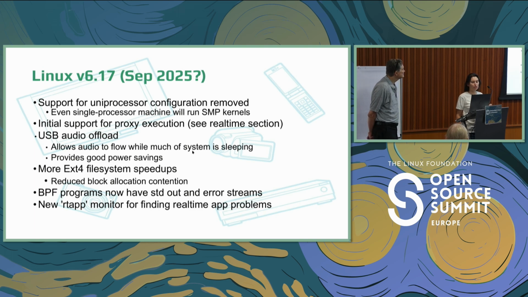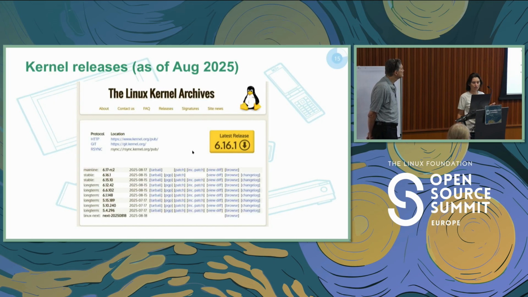For real-time, initial support for proxy execution, USB audio offload, more speedup on ext4, BPF becoming more and more like real programs now having stdout and stderr streams, and the monitor for real-time app problems. And yeah, that's how the Linux kernel download site looks like. We are probably quite up to date with this one.